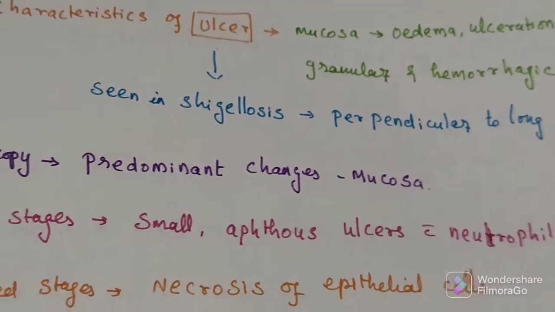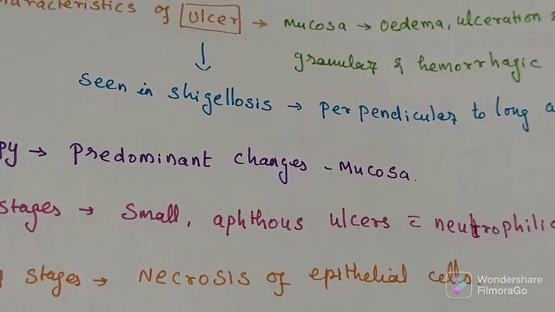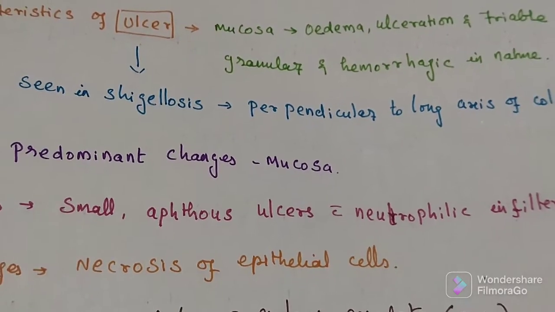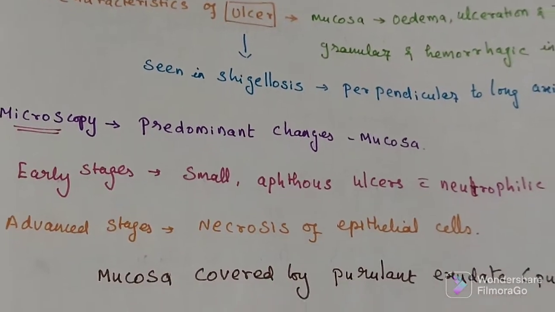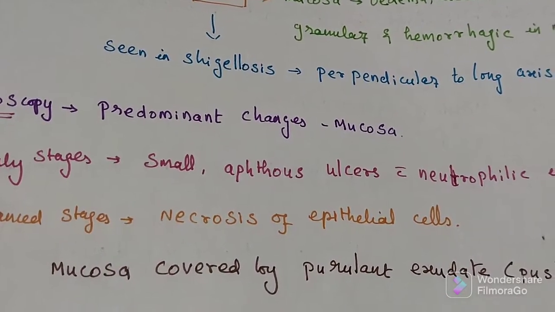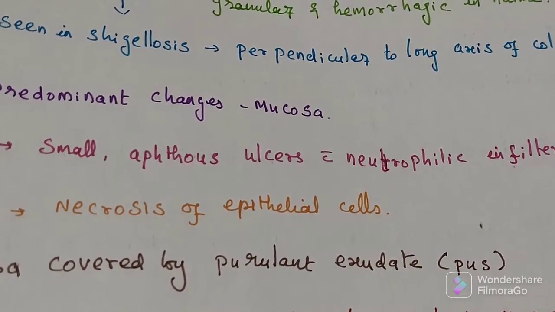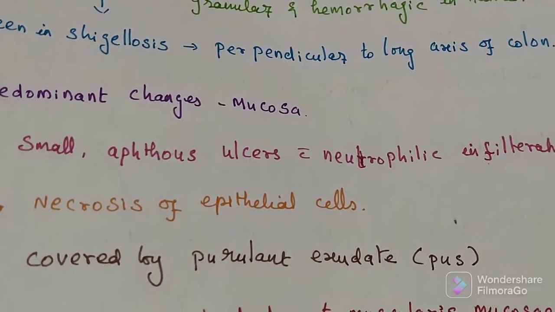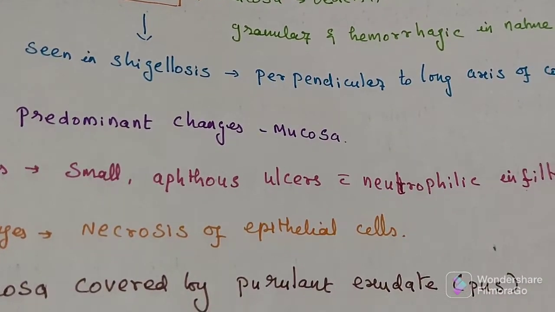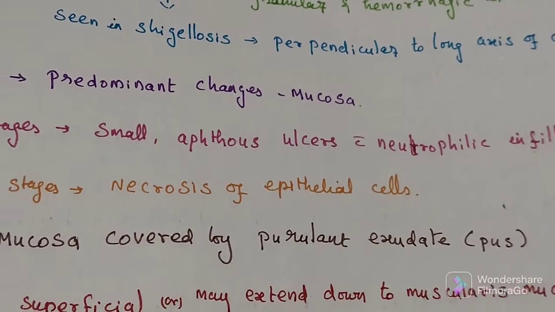Second one is microscopy. Predominant changes are seen in the mucosa. In the early stage, small ulcers are seen with neutrophilic infiltration.